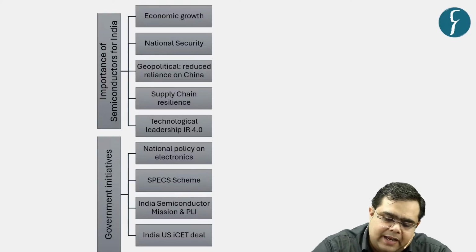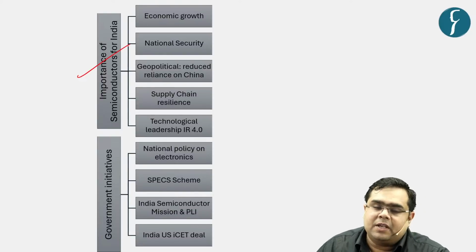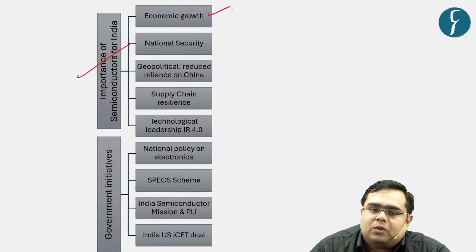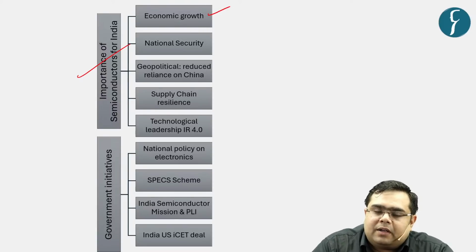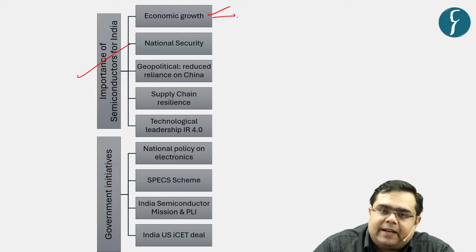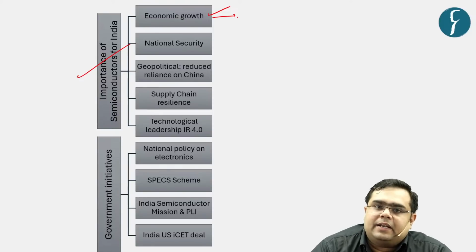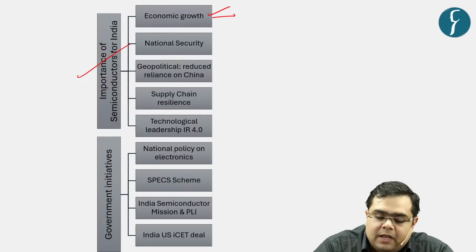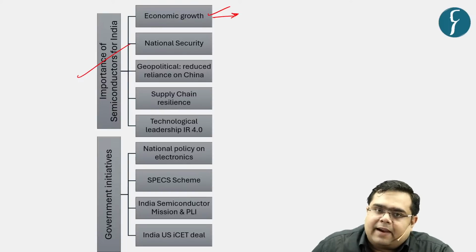Now, what is the importance of semiconductor chips for India? Obviously, the first one being economic growth, because this particular segment is directly linked to, like I said, Industrial Revolution 4.0, and almost all of the processing and manufacturing is going to turn towards automation. So in this context, these chipsets play a vital role.